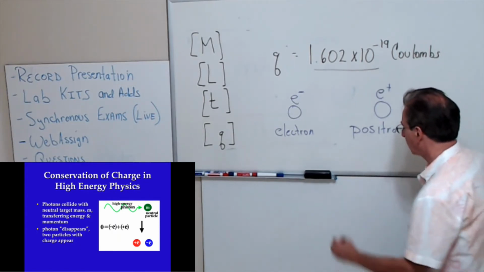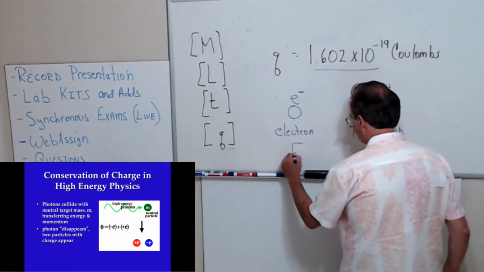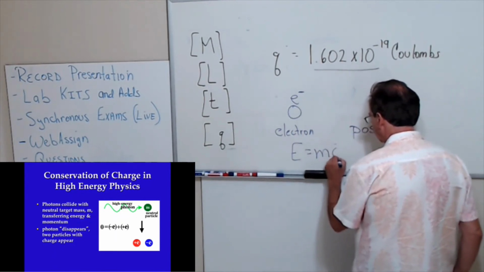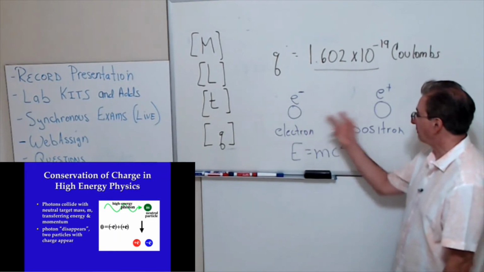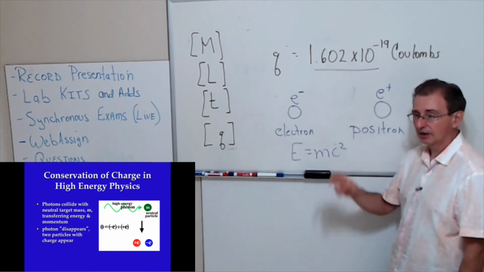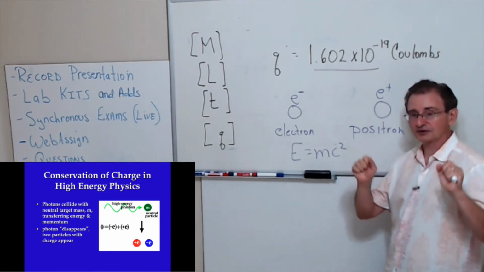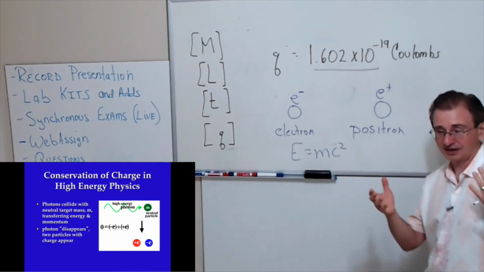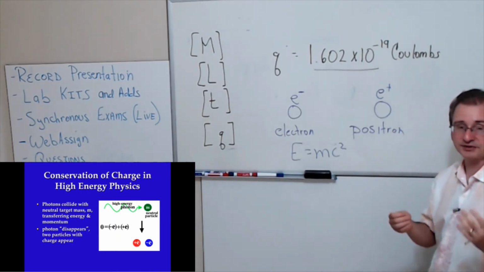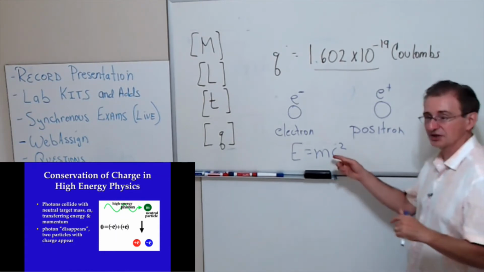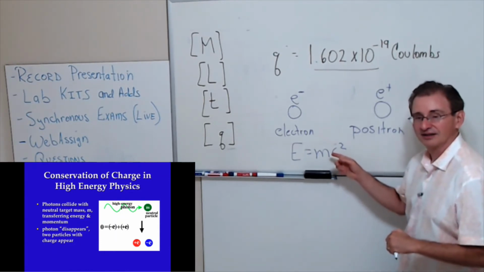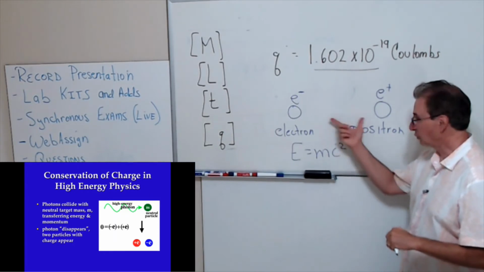Later this semester we're going to learn that mass can be converted into energy, and energy is conserved. They collide and form two particles called photons, which are basically light particles. So we conserve energy, and we conserve charge.